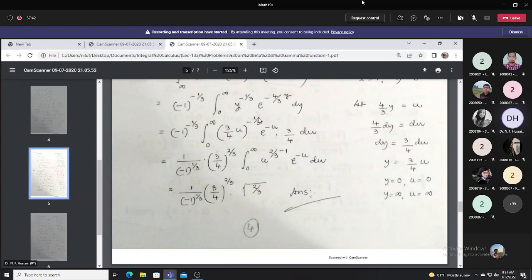And this power minus 1 by 3 can be written as 2 by 3 minus 1. Now it goes to the definition of gamma function: u to the power n minus 1 into e to the power minus u du. So it is gamma of 2 by 3, because here the value of n is 2 by 3. So ultimately this is your answer.